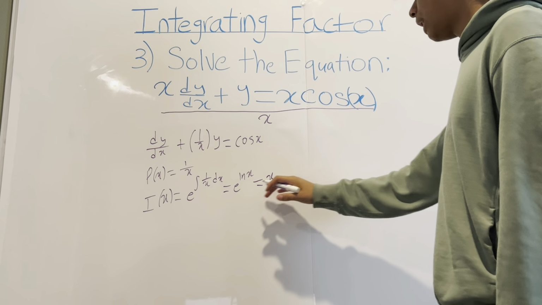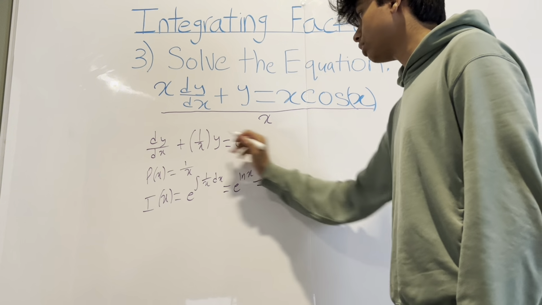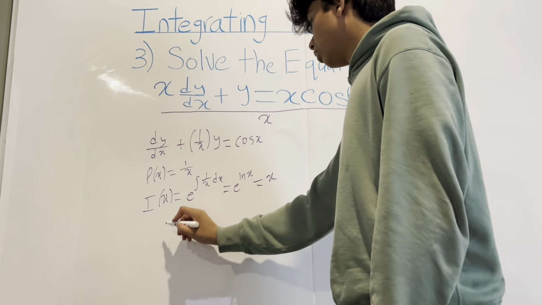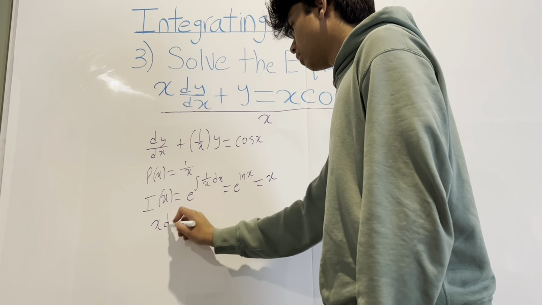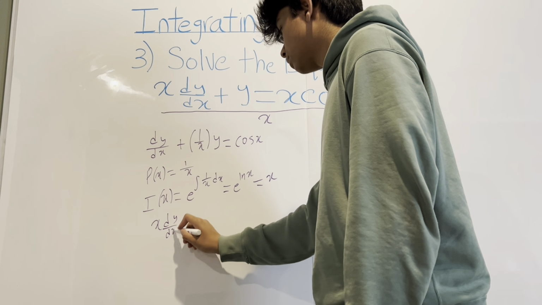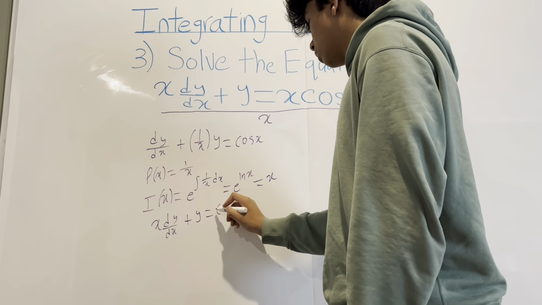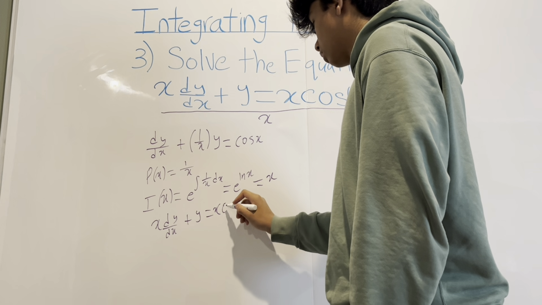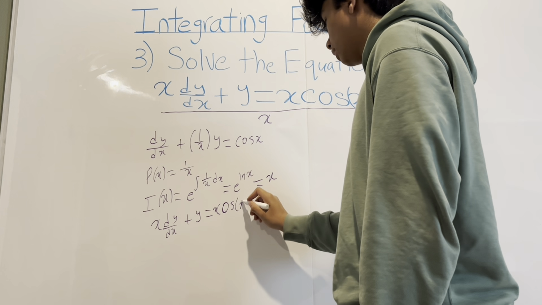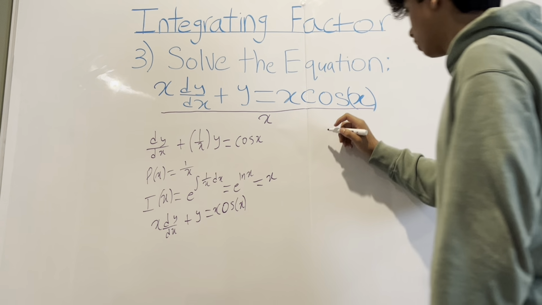Now we're going to multiply x by all the terms here. So this is just going to be x dy over dx plus y equals x cosine of x.